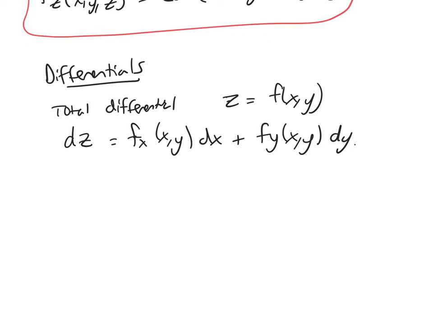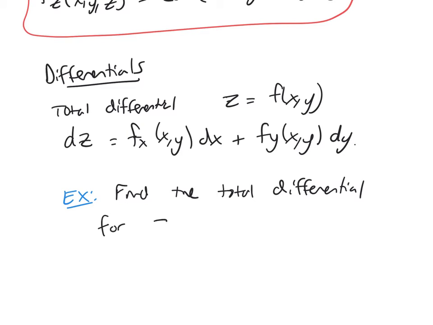So let's look at an example here. Find the total differential for z equals x squared sine y minus 4x squared y.